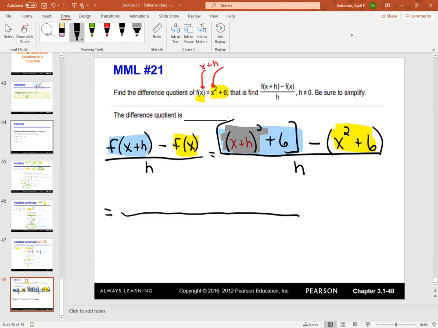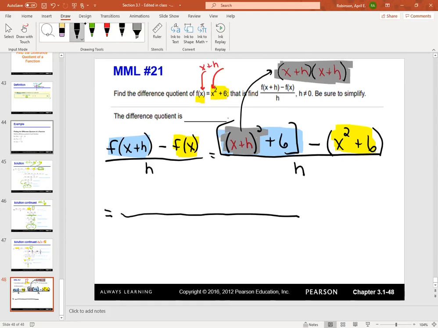I'm going to do it up here. I'm going to take an x plus h times another x plus h. That's like my scrap paper. And that means I'm going to FOIL.